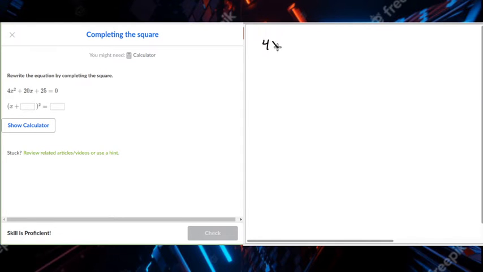So I'm going to start with 4x squared plus 20x plus 25 is equal to 0. I'm going to subtract 25 from both sides. 4x squared plus 20x equal to negative 25.